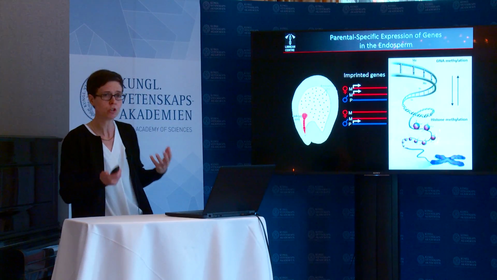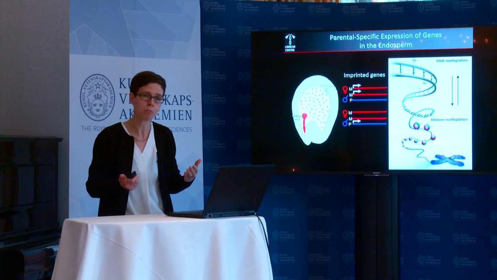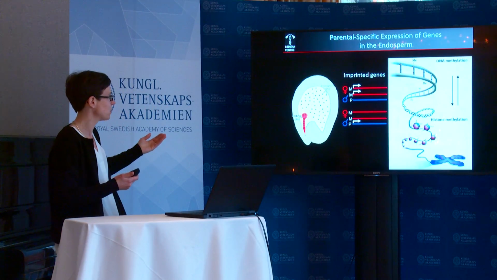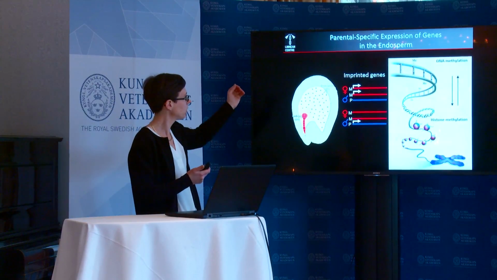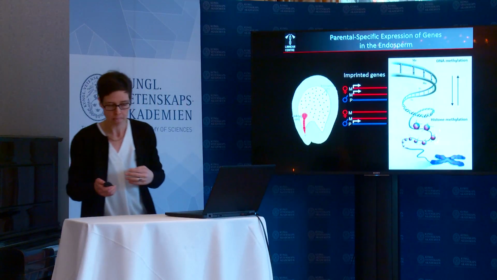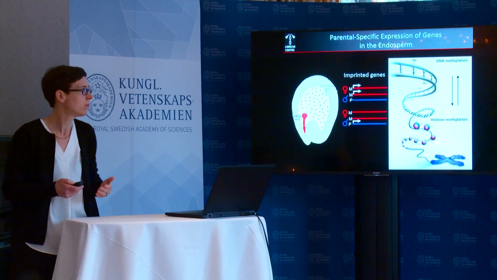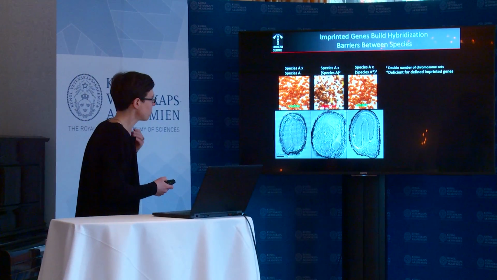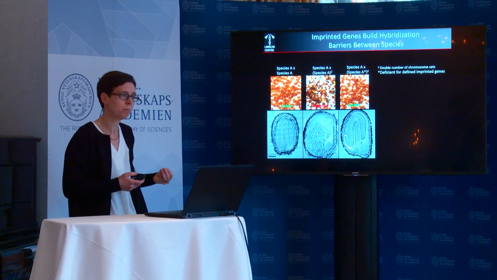And this causes certain genes to adopt a very peculiar expression pattern. It causes them to be either active only when they are maternally inherited, so only the maternal alleles are on, or only when they are paternally inherited, so only the paternal alleles are on. And these imprinted genes are very important. They have a very important impact on endosperm development.